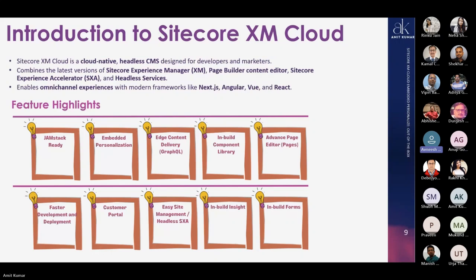Second, embedded personalization, which lets marketers deliver tailored content to different audience segments, improving engagement. It uses edge content delivery and GraphQL for fast, efficient content delivery, and it ensures quick site performance.